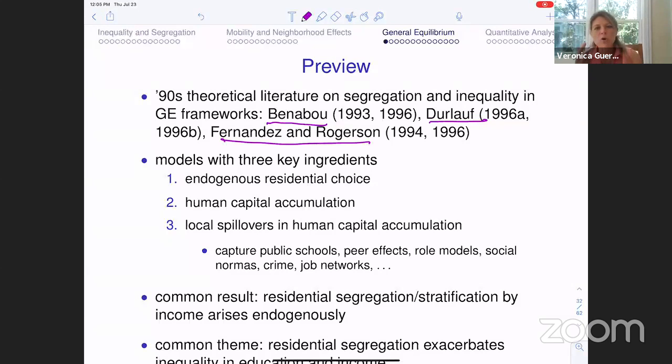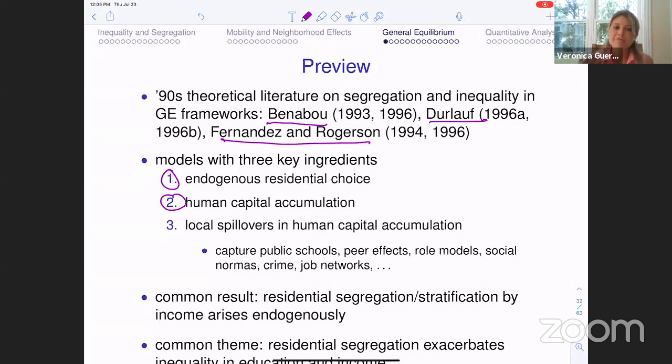There are three important ingredients that are typical in this set of models. There are some differences, but these three common denominators create the important link between segregation and inequality. One is that you need some endogenous residential choice to think about the endogenous evolution of segregation, of course.